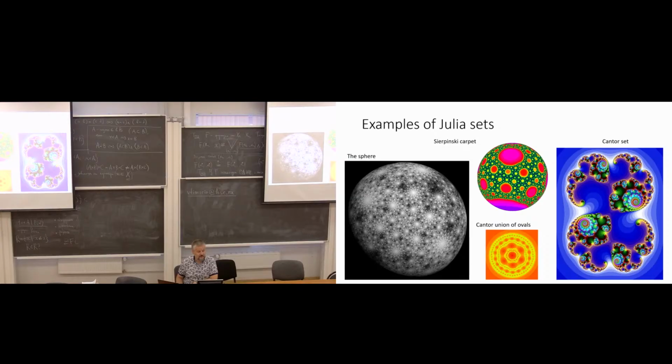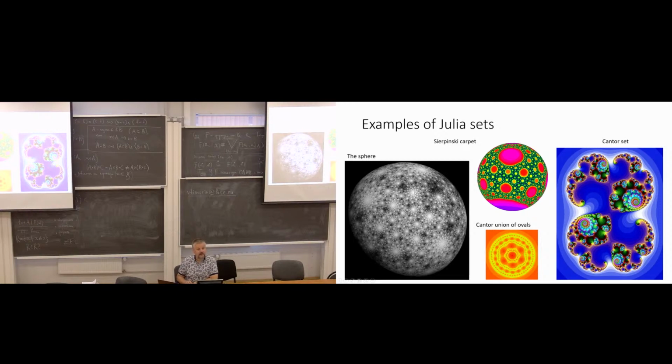Okay, so these are pictures of some Julia sets of rational functions. Not all of these Julia sets can be realized as Julia sets of polynomials. So one example is that the Julia set of a rational function may be the whole sphere. Now this picture doesn't look uniform because you see some distribution on the sphere.